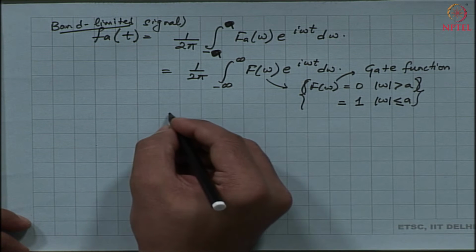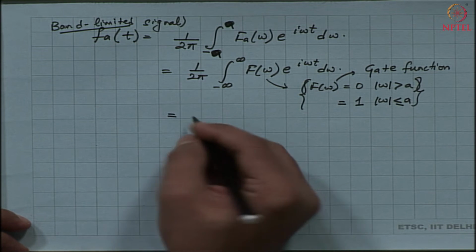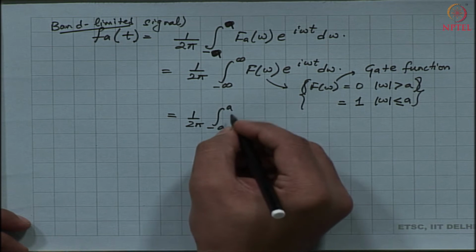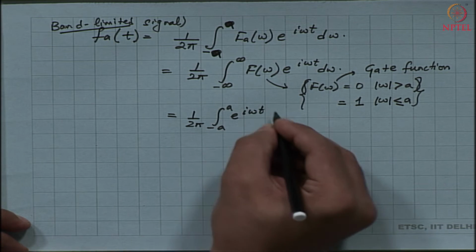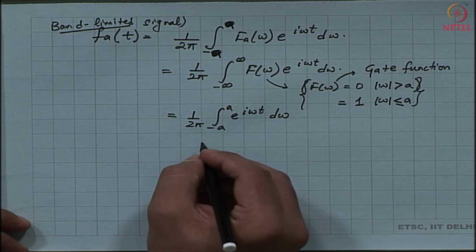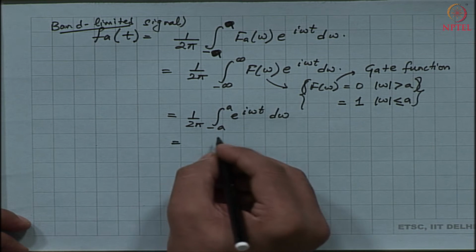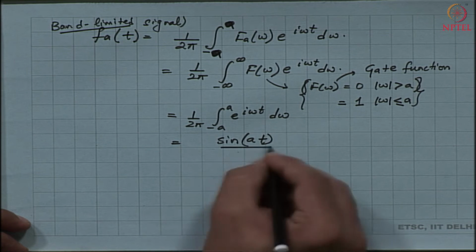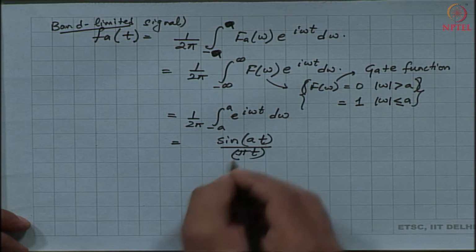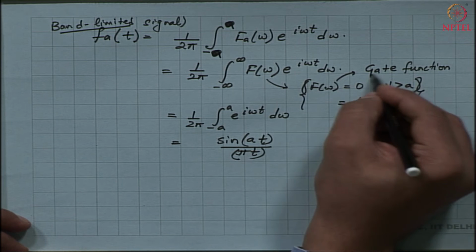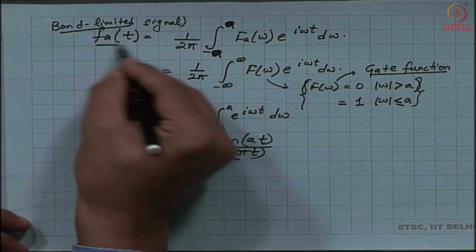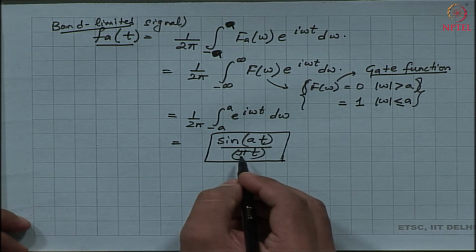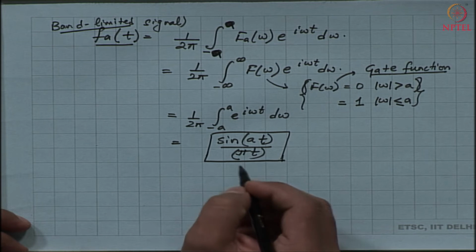So, in that case I get that this is also equal to 1 by 2 pi from minus a to a e to the power i omega t d omega, and this integral can be readily evaluated to see that this is equal to sin(at) divided by pi t. Okay. So, I get that for a gate function my band limited signal is given by this following closed form expression, sin(at) by pi t.